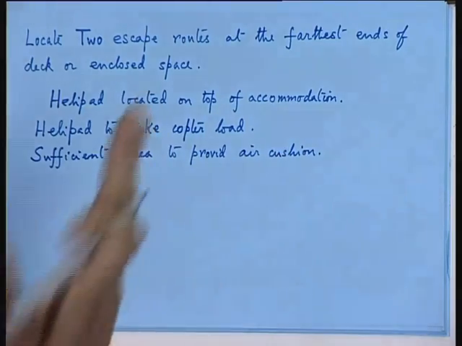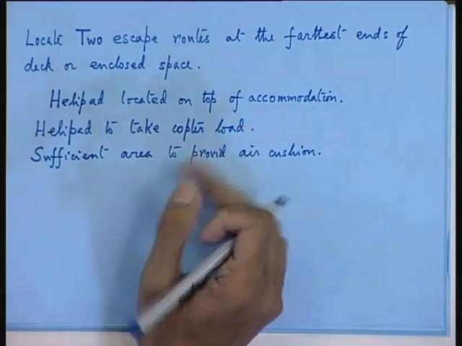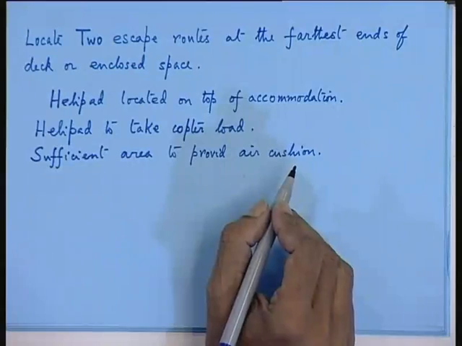Now that thrust has to come from that helipad. If you have not provided sufficient area, you will not get sufficient thrust to give the lift to the helicopter. So, you provide sufficient area, and the strength, of course, will be due to the copter load.